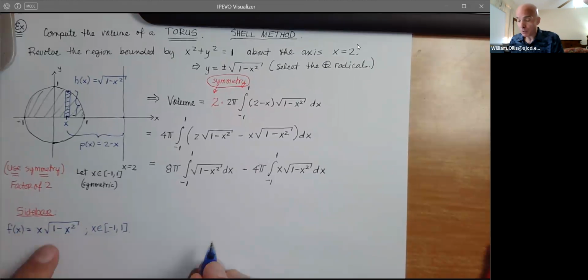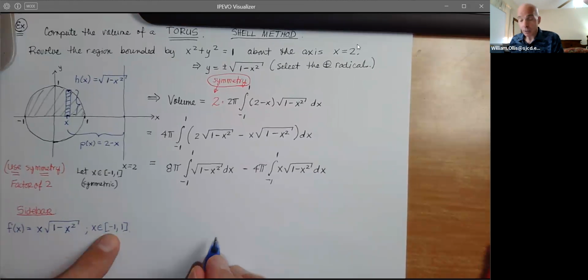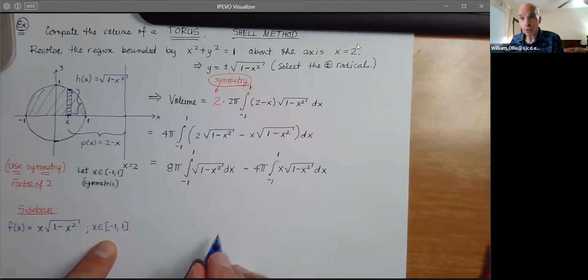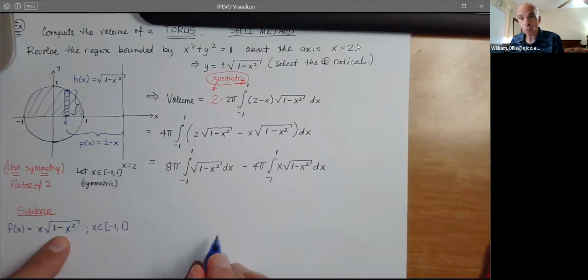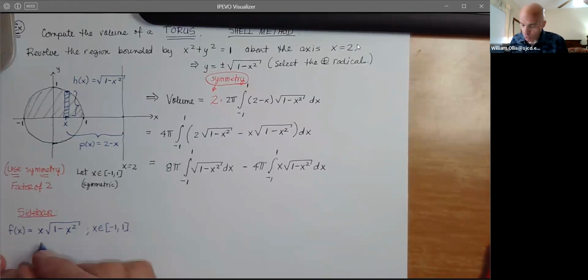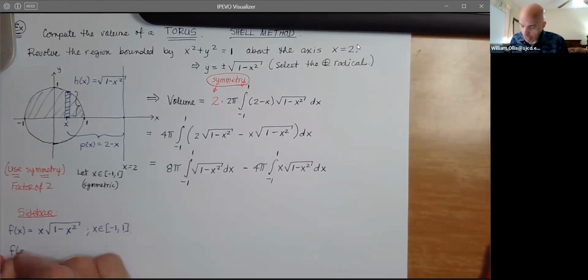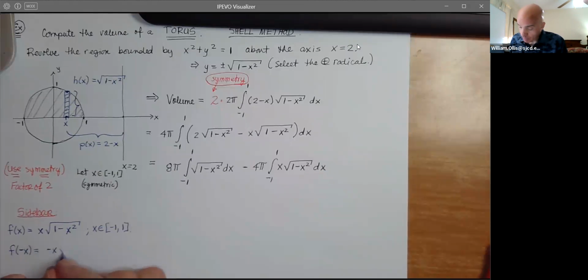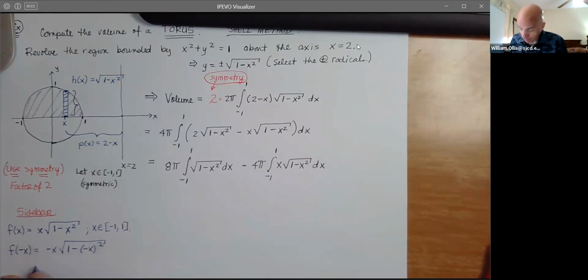So if you had to compute the domain of this function, you would get that. And that would be a source of error for most students because they don't want to abide by the radical. And then what's the second step? Well, you check f of the additive inverse of x. So again, we have the additive inverse of x times the square root of 1 minus the additive inverse of x squared.